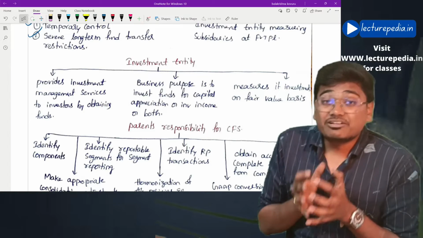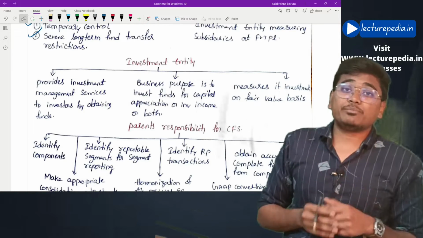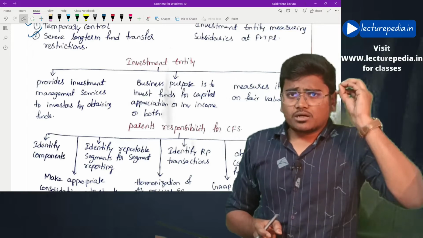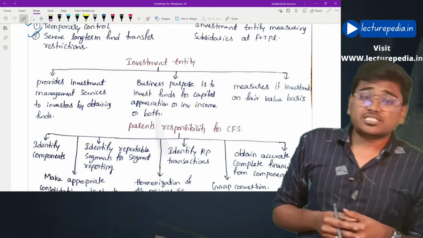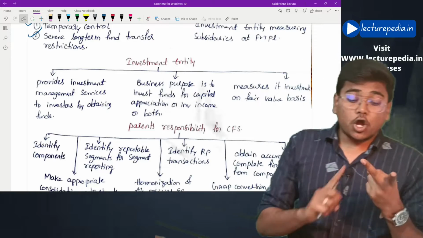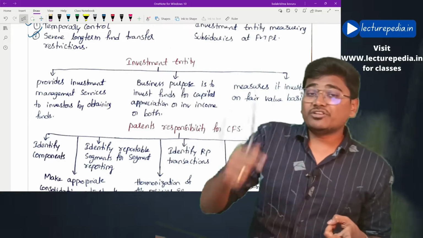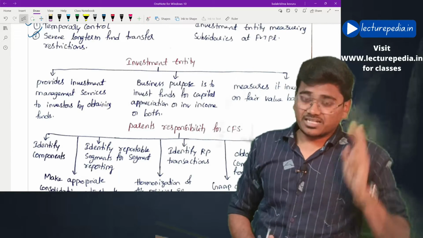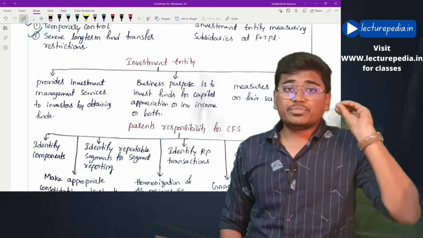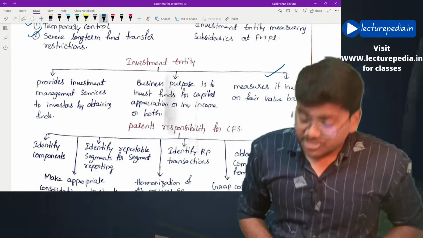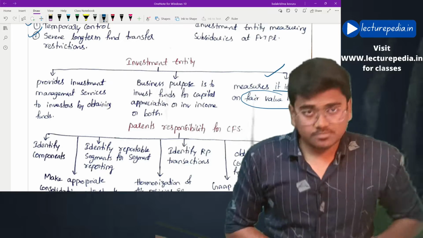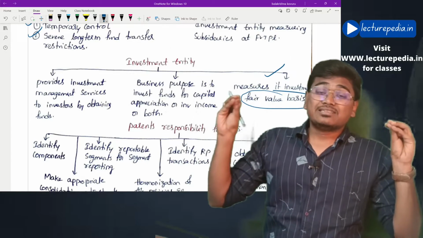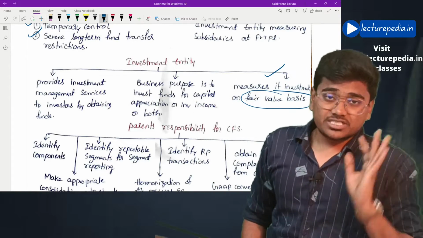This is the service provided by the investment company, and the major income that the investment company generates is either capital appreciation or income from investments in the form of dividend and interest. This is the second condition in order to call a particular company an investment company. And the third condition is it measures its investments on fair value basis. These are the three characteristics of an investment company.